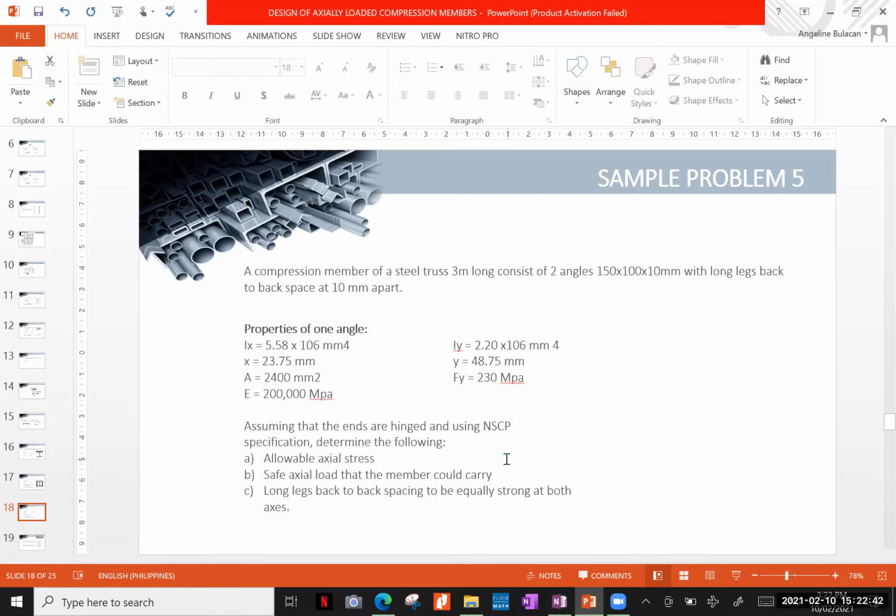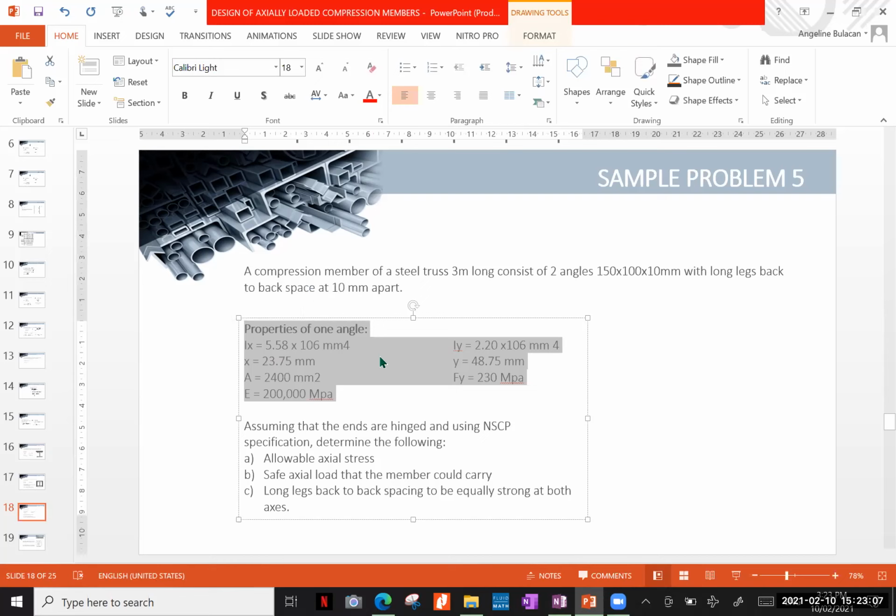For example, this is a truss. Again, trusses are subjected to axial forces. Now, in this particular problem, ang nakalagay, a compression member of a steel truss. So, we may use the equations kasi compression member ng truss yung tinutukoy dito. So, we will use the same analysis. Copy ko lang yung properties. 3 meters long.